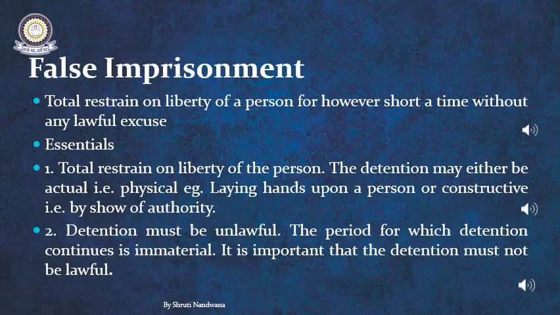Similarly, if a person has a belief that somebody is going to disrupt public peace, he can imprison the person or detain the person and inform authorities. However, if he has no apprehension that he might do a wrongful act and yet he puts him in restraint, that would be a wrongful cause and it would be unlawful, and hence it would be a wrongful detention and an unlawful detention.